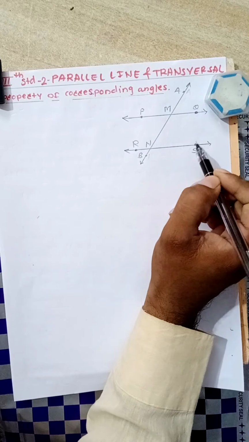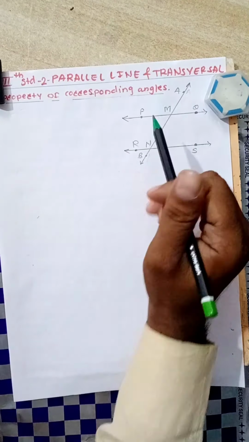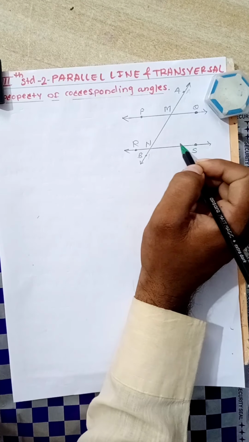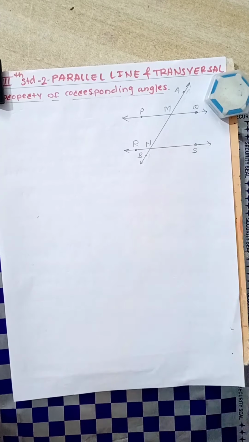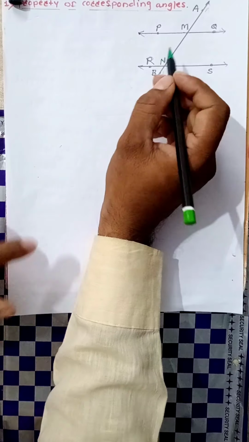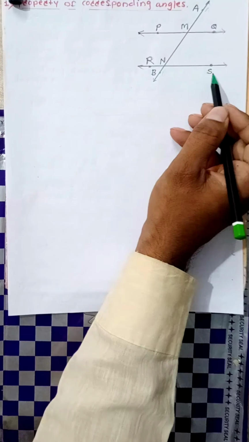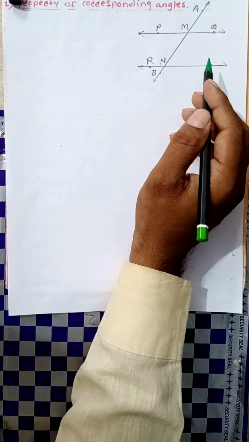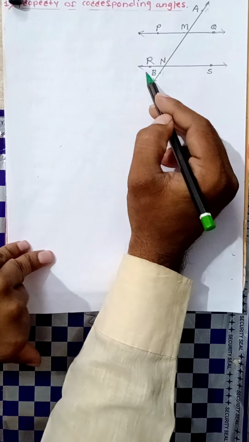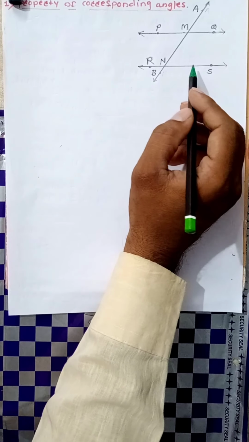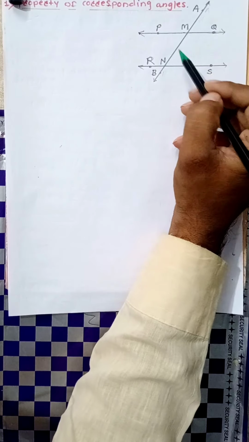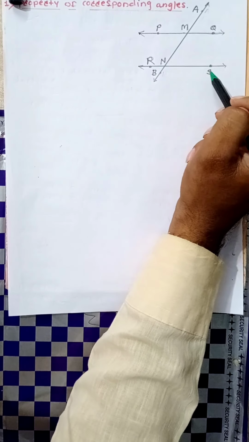PQ and RS both are parallel lines. Then AN is a transversal of lines PQ and RS.